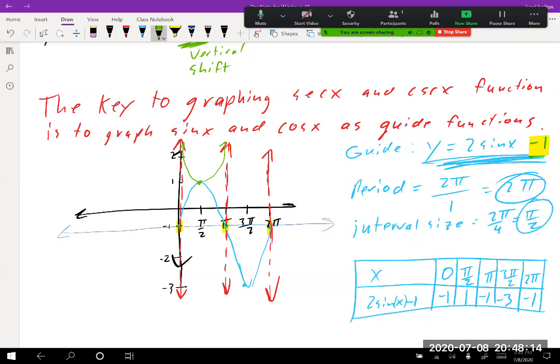And then I'm going to draw this one here. And then right here where there's a local min or local max, I'm going to draw this. Okay. And as it turns out, that is the only part of my graph that you actually see.